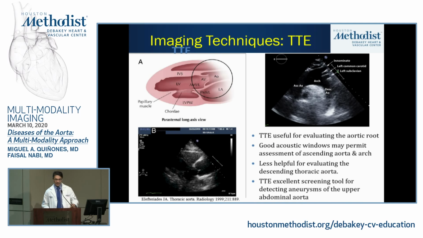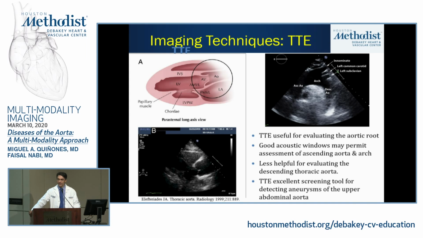We're now getting into the different techniques. Dr. Quiñones will be showing you echocardiography in great detail. I'm just going to give you some one-liners. The things to remember are, transthoracic can be a very good technique for looking at the aortic root and some portion of the ascending aorta. If you do suprasternal images, you can see the arch and some of its branch vessels well.